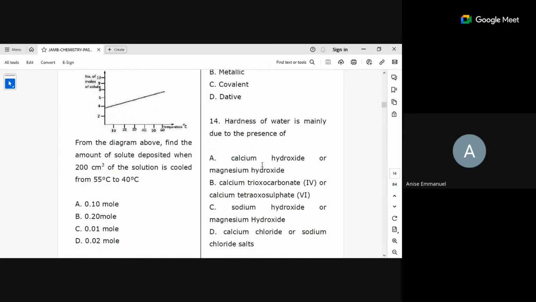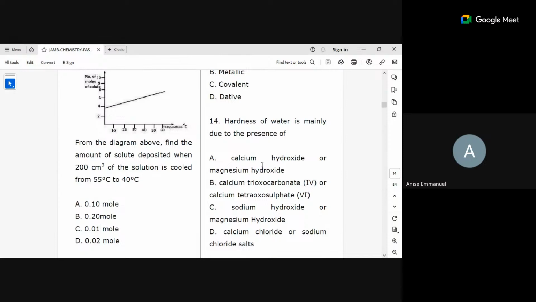No. Another thing we need to know is that calcium and magnesium hydrogen trioxocarbonate or tetraoxosulphate are the two that cause hardness.